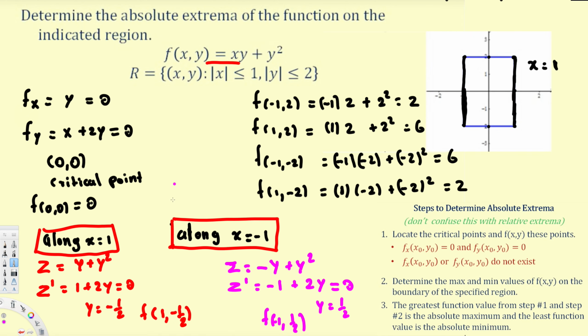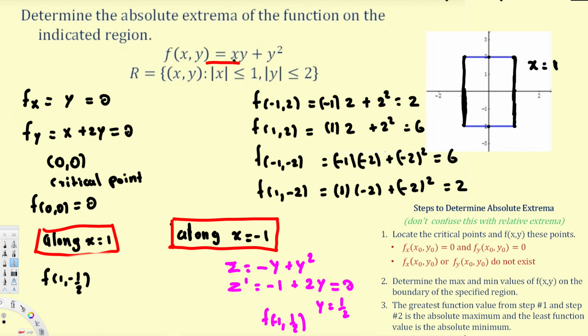Now we are going to plug this into the equation to find out what we get. F is equal to f(1, -1/2).